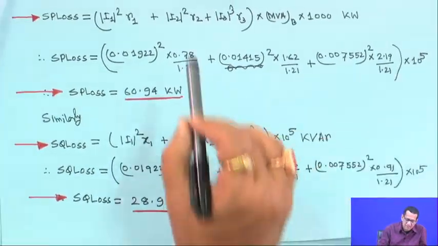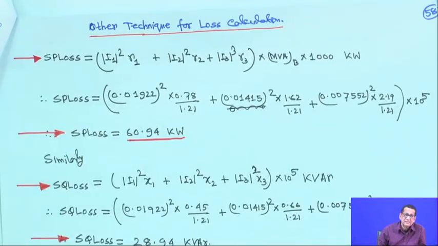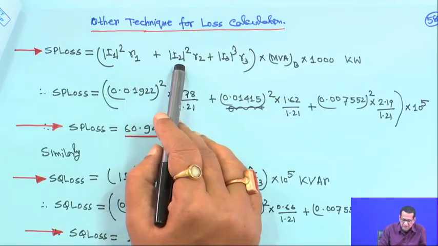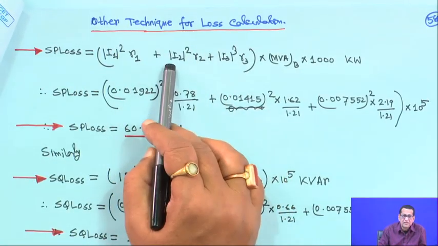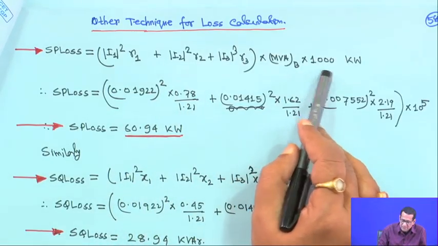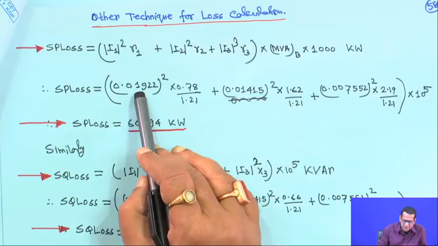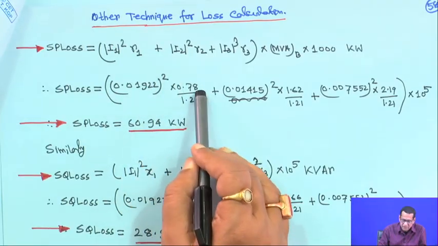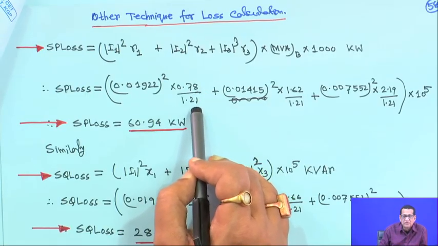Another thing is the I square R loss. There are 3 branches, so it is magnitude I1 square R1 plus magnitude I2 square R2 plus magnitude I3 square R3, everything in per unit, multiplied by MVA base multiplied by 1000 to get kilowatt. So magnitude is 0.01922 square, and R1 actual value was 0.78 ohm, which I have divided by the base impedance 1.21.